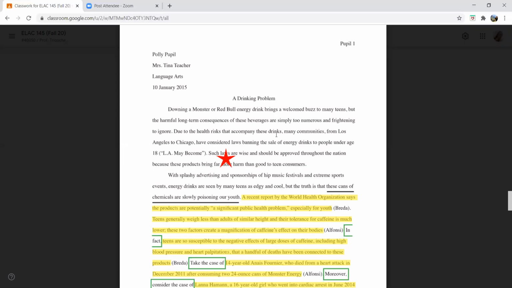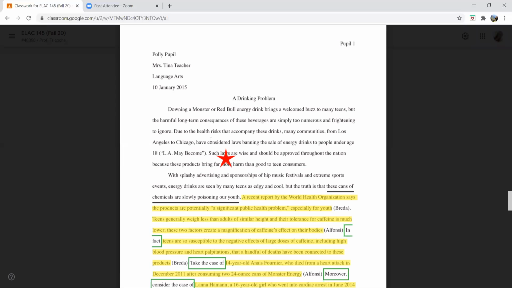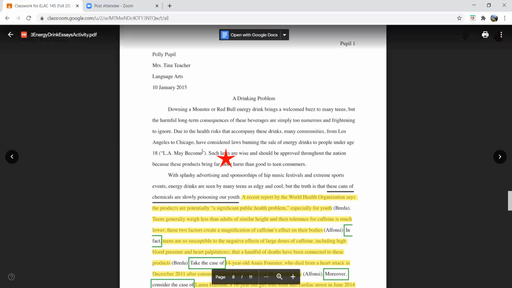Due to the health risks that accompany these drinks, many communities from Los Angeles to Chicago have considered banning the sale of energy drinks to people under age 18. Such laws are wise and should be approved throughout the nation because these products bring far more harm than good to teens. Boom, that's the claim.